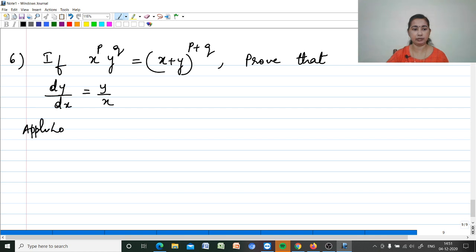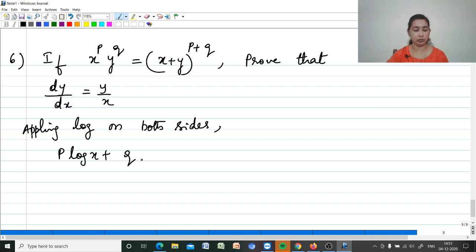applying log on both sides. p log x plus q log y is equal to p plus q log of x plus y.